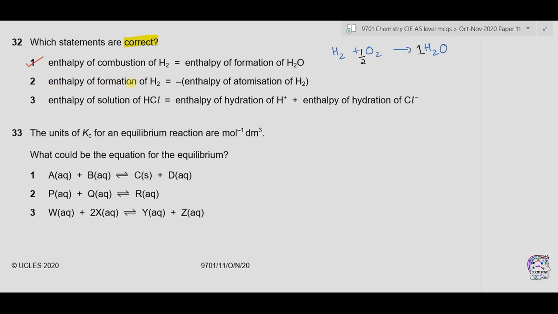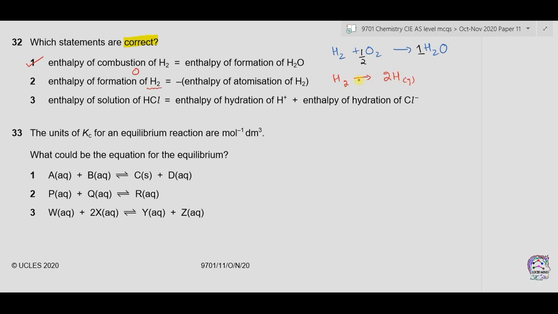2. Enthalpy of formation of hydrogen is equal to enthalpy of atomization of hydrogen. Now as H2 is already in molecular form and therefore the enthalpy of formation of H2 will be equal to 0. While the enthalpy of atomization of hydrogen means that hydrogen molecule converts into hydrogen atoms.